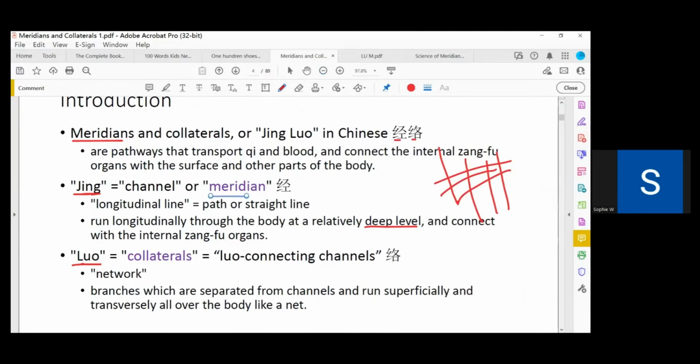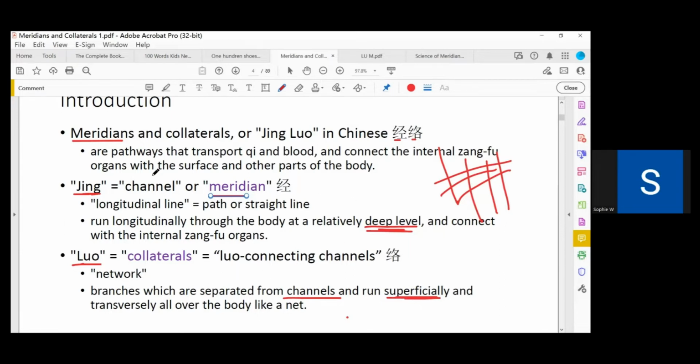Meridians are at a relatively deep level because they connect some organs, and the collaterals are more superficial, which means they will not connect with the organs.